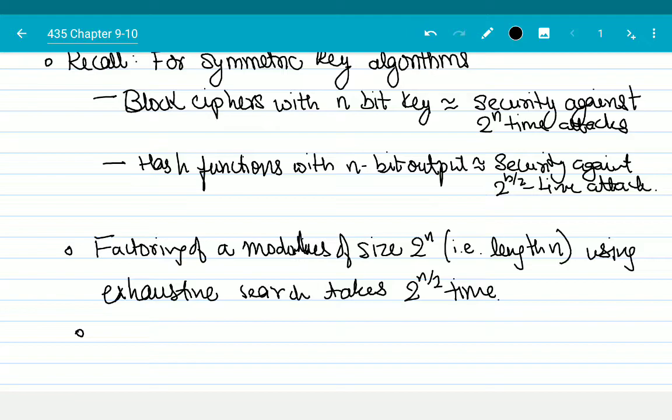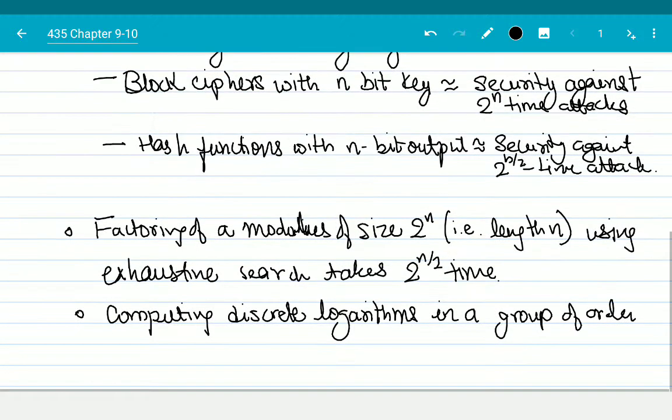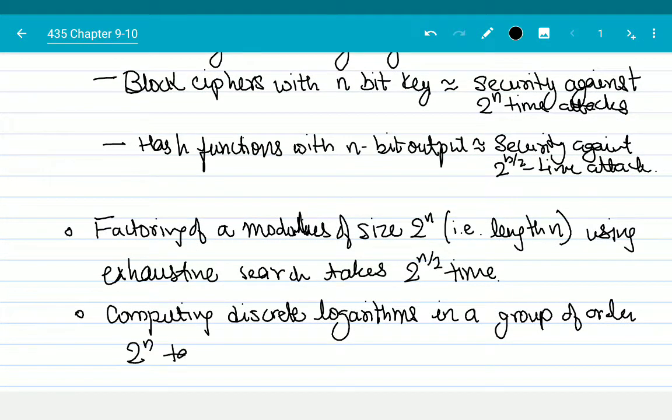Computing discrete logarithms, on the other hand, in a group of order 2 to the n takes about 2 to the n time.